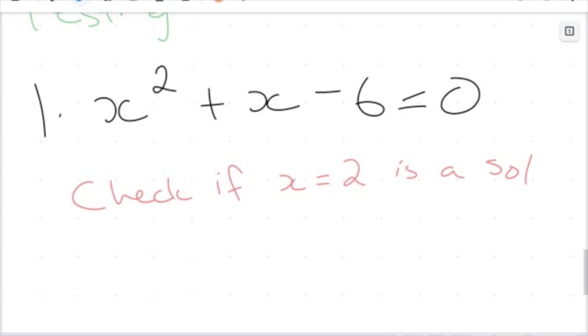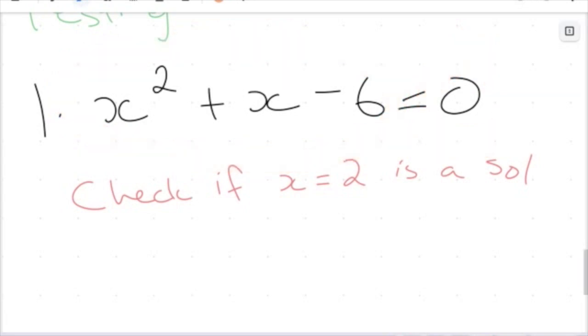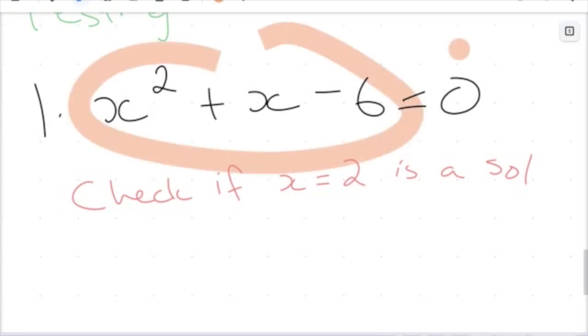So if I put in x equals 2, this side should equal 0. If the left-hand side of the equal sign is the same as the thing on the right-hand side, then my value of my pronumeral is a solution to the equation. Remember, a solution to an equation is just a value that makes the equation true. So it makes this side equal to this side.